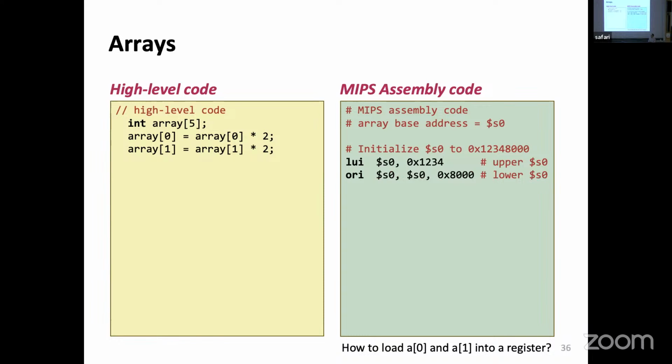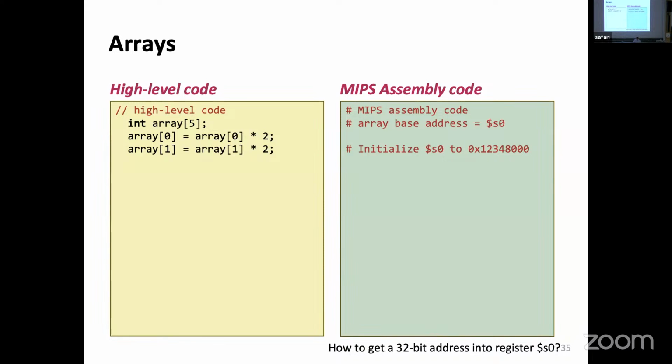Let me just be clear before we go there. So this is my problem. S0 is 32 bits. So this is bit 0, this is 15, 16, this is 31. I want to initialize it so that it contains a 32-bit value. Sometimes I was writing that S0 has this value, and a couple of people asked, how do you do this?